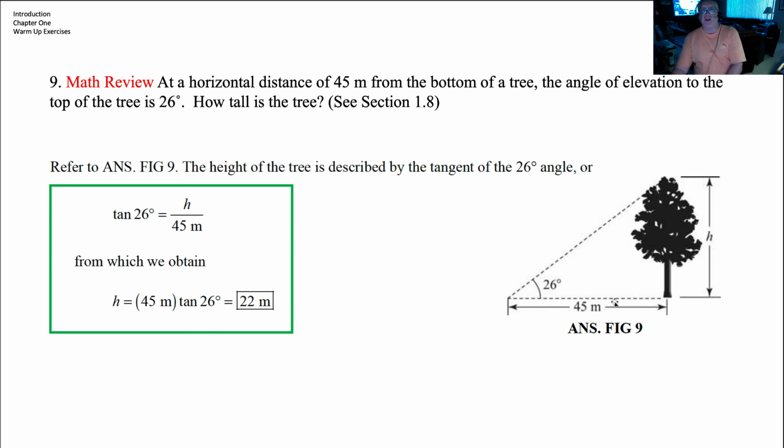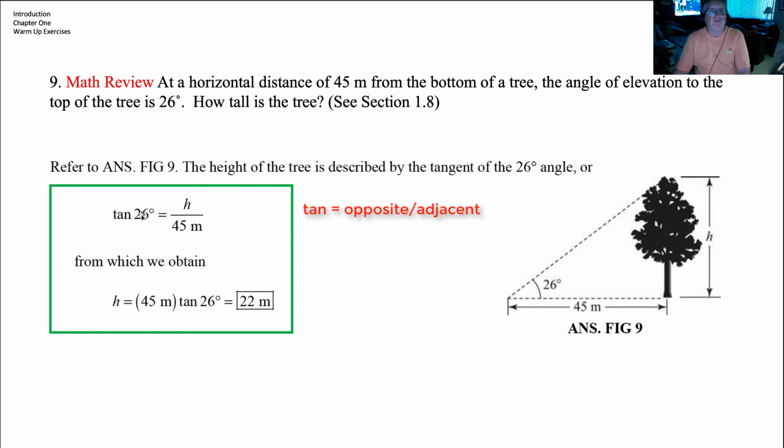To do this, what we're going to do is take the tangent of 26 degrees. By definition, it is h over 45. Later, we're going to find out that h is the side opposite, and 45 is the side adjacent. Okay, so opposite over adjacent is for tangent.